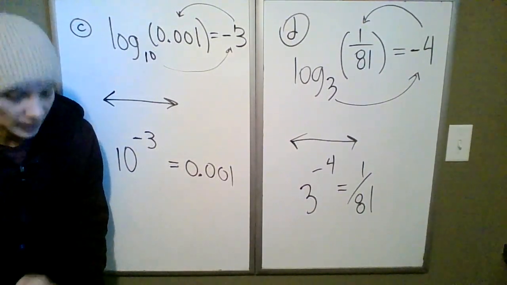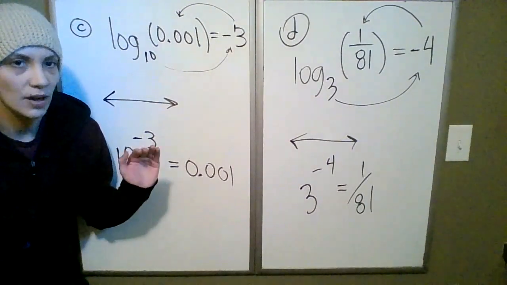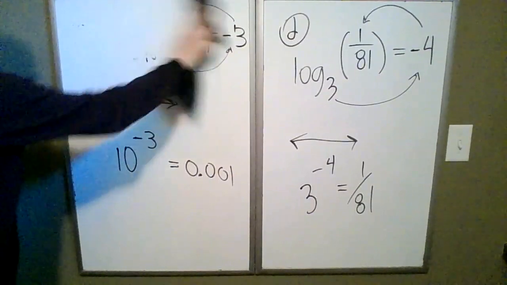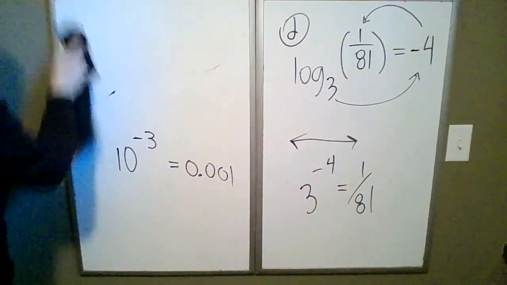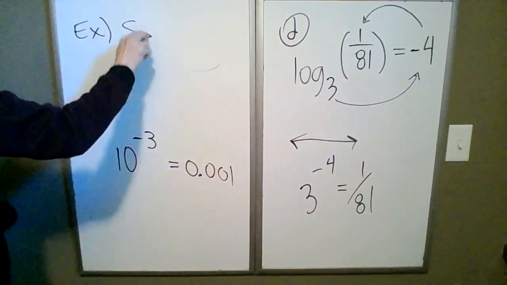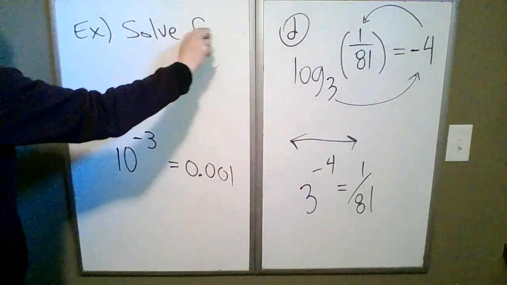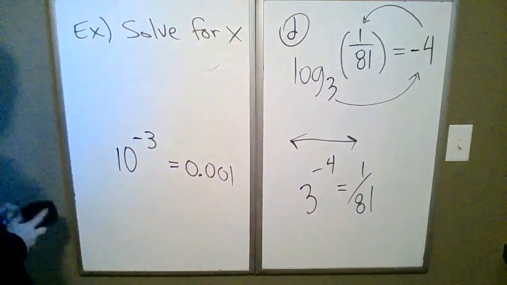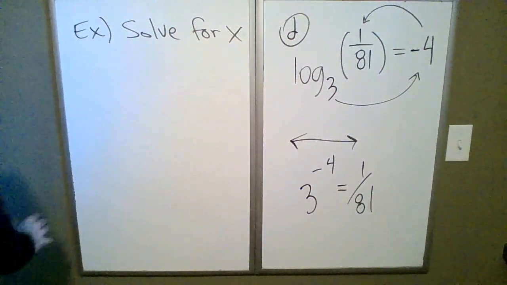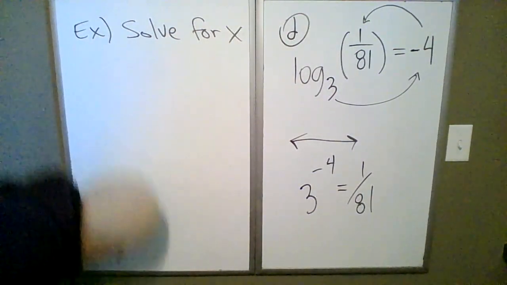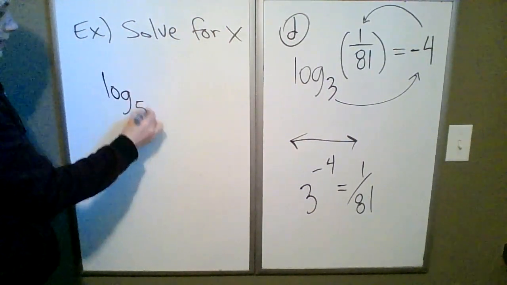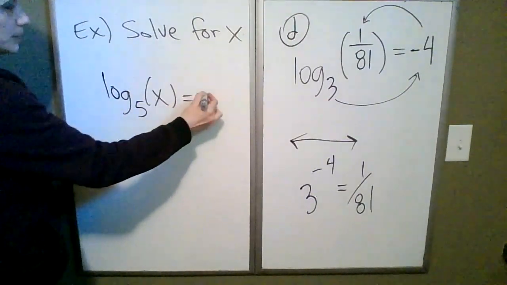Then we're going to solve a couple problems by switching from log form to exponential form. Okay, so log base 5 of x equal to 2.